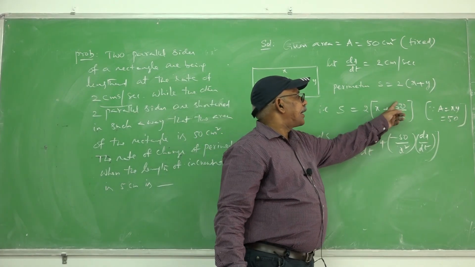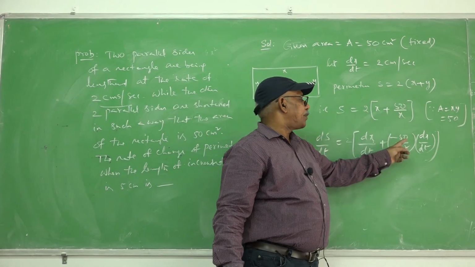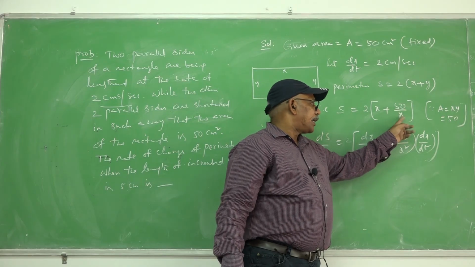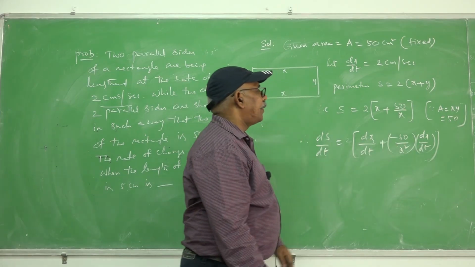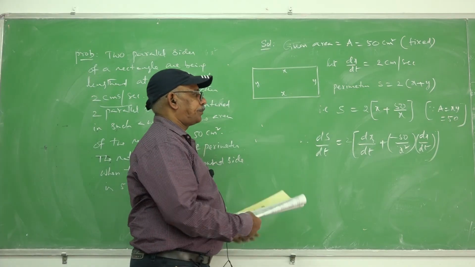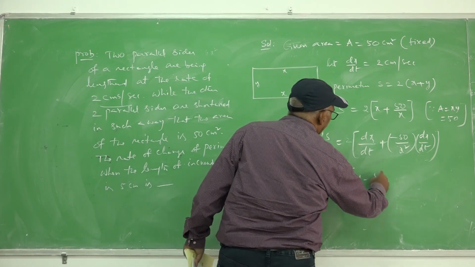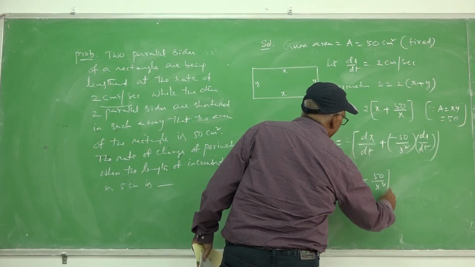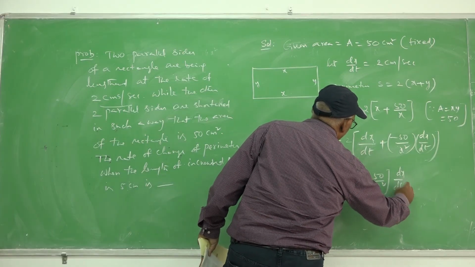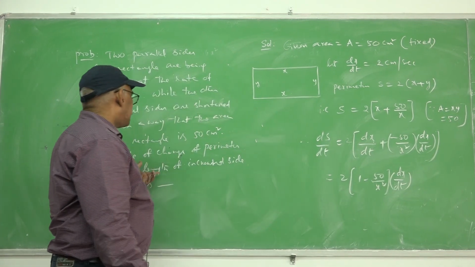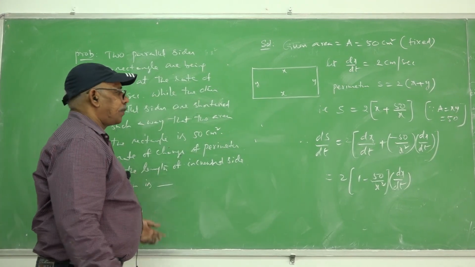For 1 by x with respect to x, the derivative is minus 1 by x square, and the x derivative is taken with respect to t. That is 2 into 1 minus 50 by x square into dx by dt. This should be evaluated when the length of the increased side is 5, that means x equal to 5.